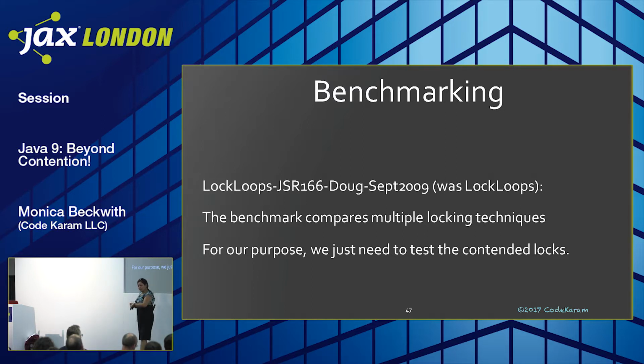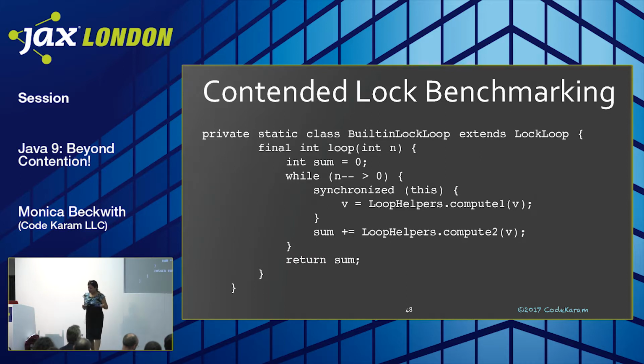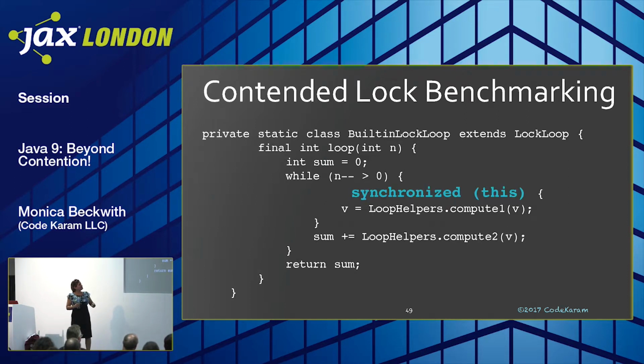I took that benchmark, looked at the synchronized method in there, and picked that up. So I'm going to Doug Lea's expertise and choosing that lock loop benchmark, okay? This is the main loop that I'm interested in, and you see the keyword here, synchronized. Basically, I'm just testing this in a loop.